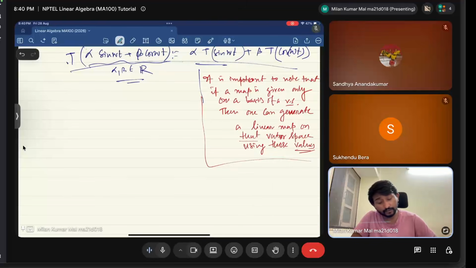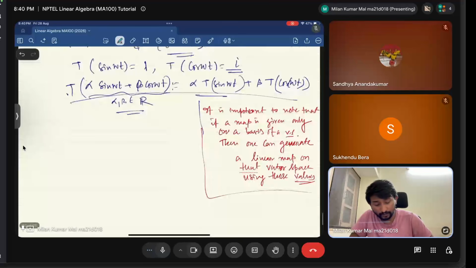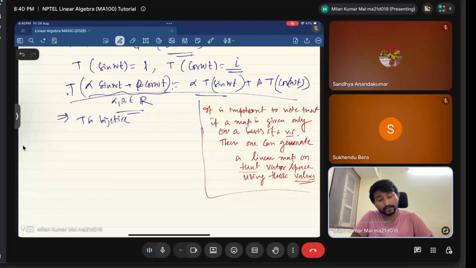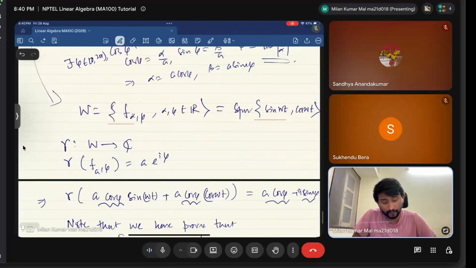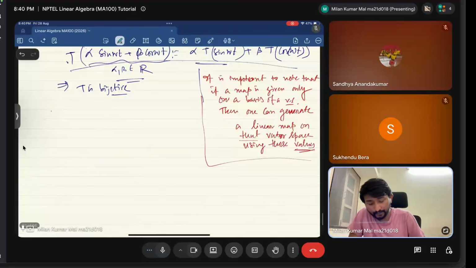Okay, so this is a linear transformation and this is bijective. The main point is that T is bijective because T maps a basis to a basis, two-dimensional, which is bijective. So why am I going to say T is bijective? Here I want to come here. Let gamma be the map.